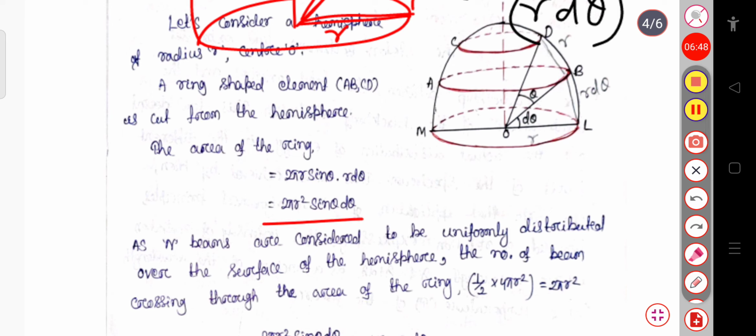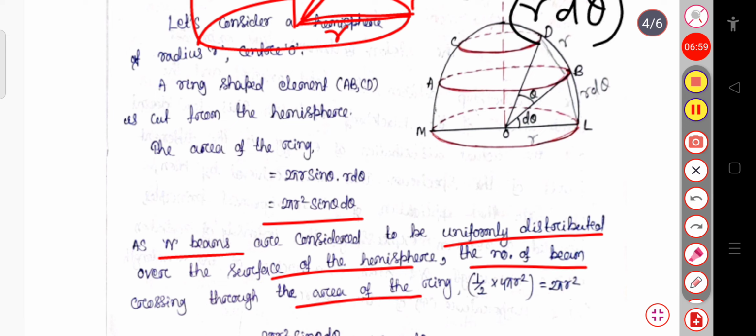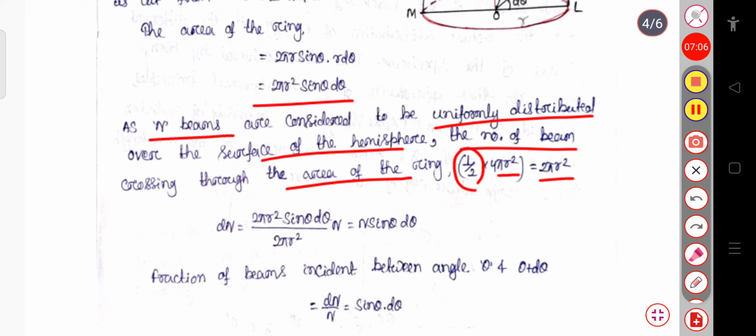Now as n beams are considered to be uniformly distributed over the surface of the hemisphere, the number of beams crossing through the area is half into 4 pi r square, that is 2 pi r square. Half, because we are considering the hemisphere. Now dn will be equal to 2 pi r square sin theta d theta divided by 2 pi r square into the total number of beams n.